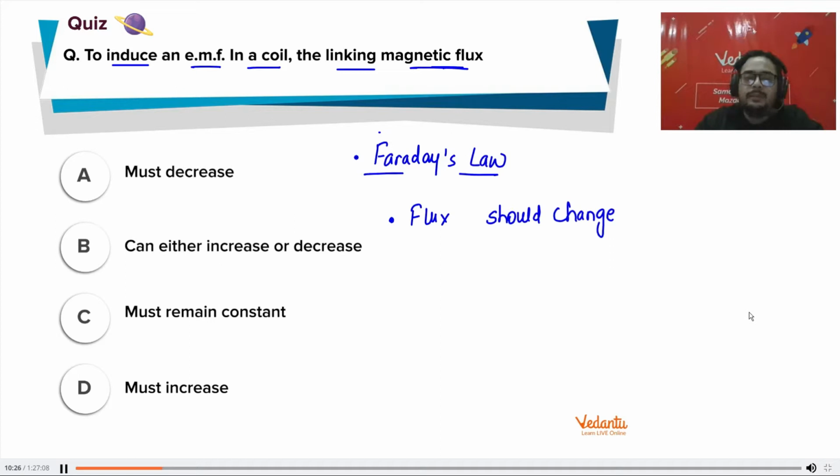There should only be change in flux. It can increase also, it can decrease also, it does not matter. Until the flux is changing, EMF will be generated. Again, this is the statement of Faraday's law. Any doubts in this? बताइए. Very easy. Okay, great.